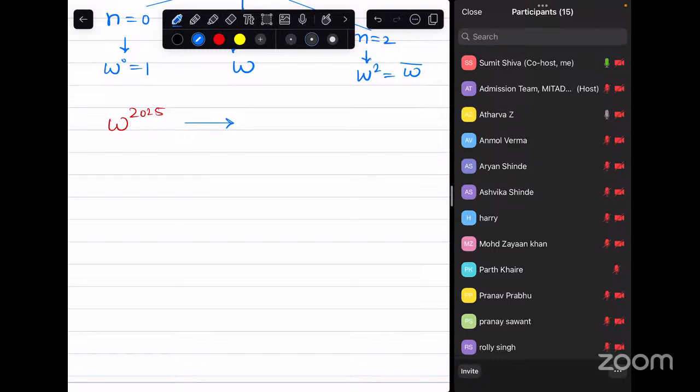And 3 fours are 12. 3 fives are 15, right? So it will be completely divisible, which means the answer will be 1. We could also state it by the divisibility test. If you add these digits, 2 plus 0 plus 2 plus 5, it will be 9. 9 is a multiple of 3, which means this number will be completely divisible by 3 and the answer will be 1.